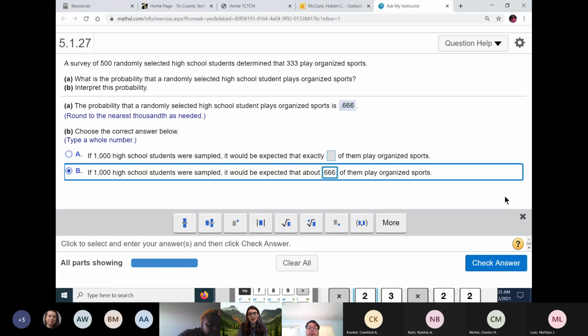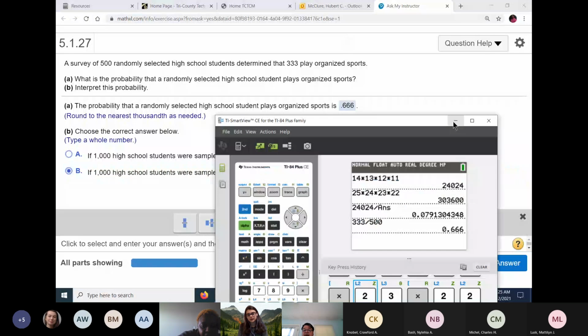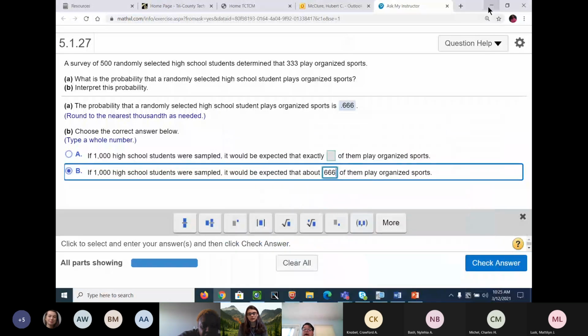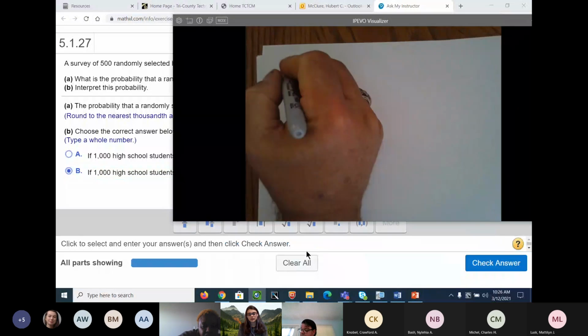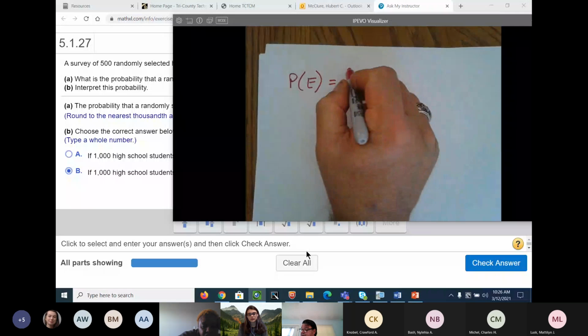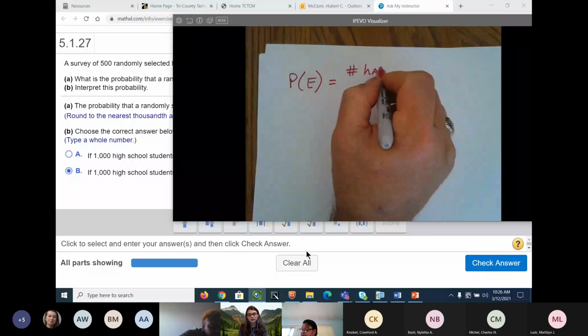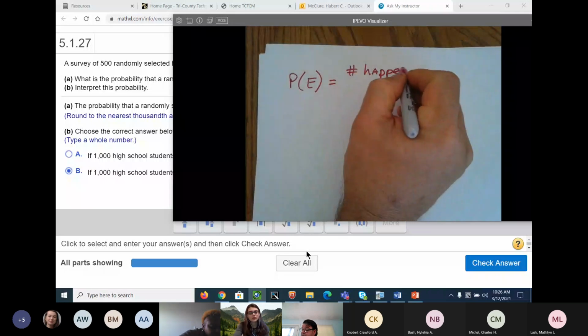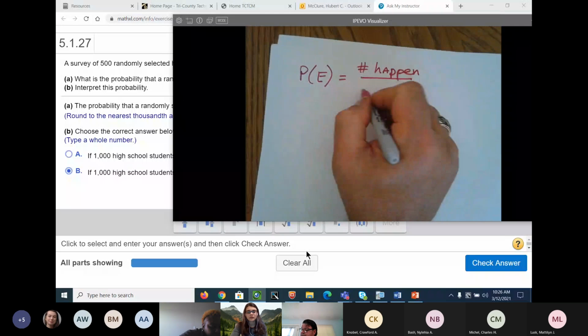So for part A, what is probability? How do you do probability? I showed y'all this first day of chapter 5. Probability of an event is the number of times something happens over the number of times something is tried.